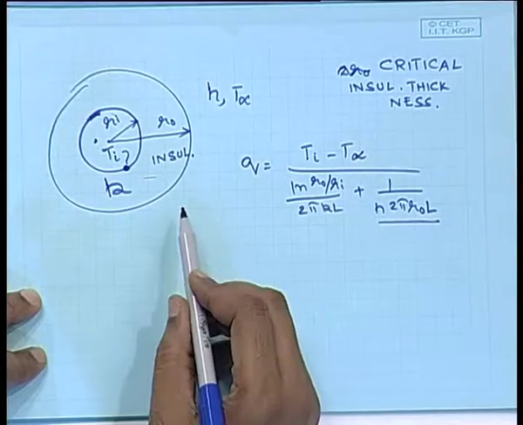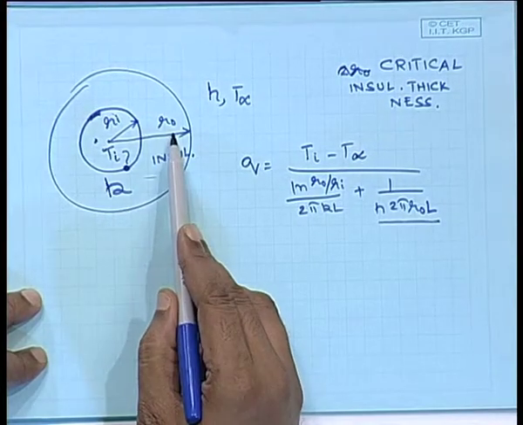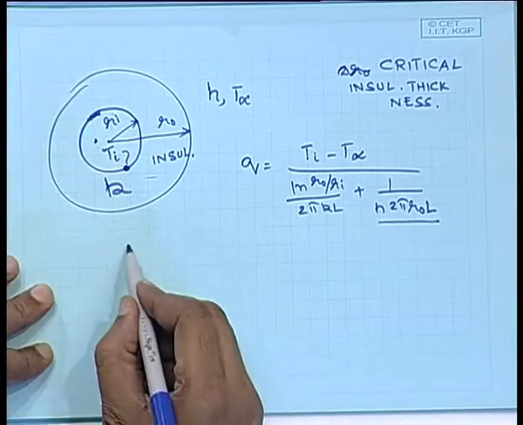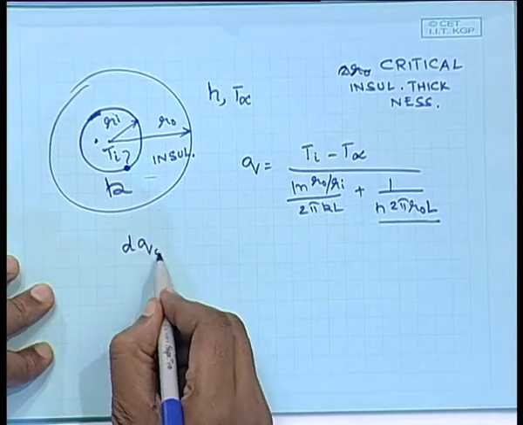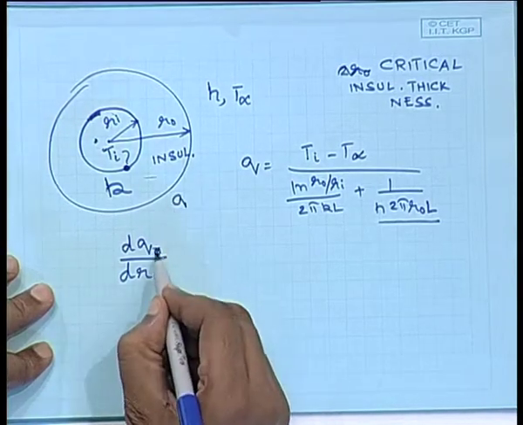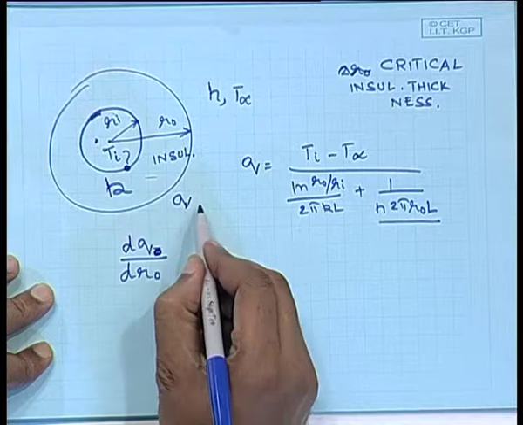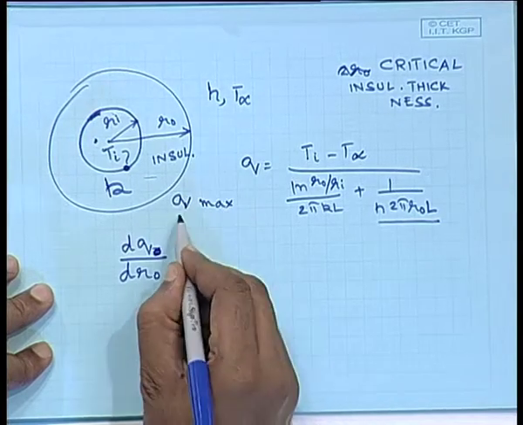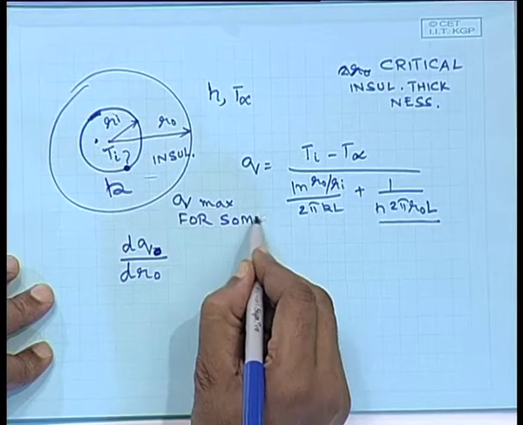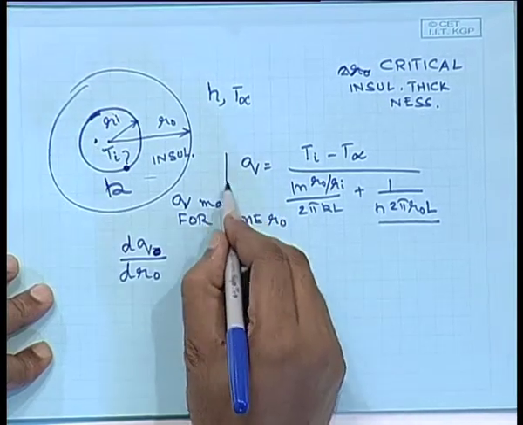Now, this R0 somewhat shows the insulation thickness, and we would like to find out, is there a situation in which Q is going to be a maximum for some R, or rather R0?